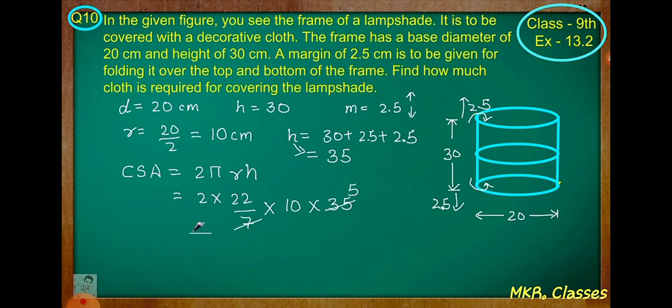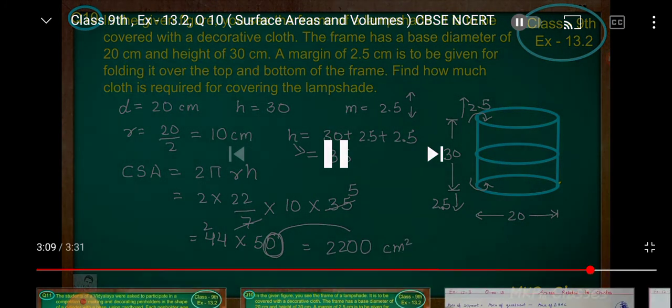So it's 100. 22 into 2 is 44, and then it will come 2200 centimeter square. So 2200 will be your answer.